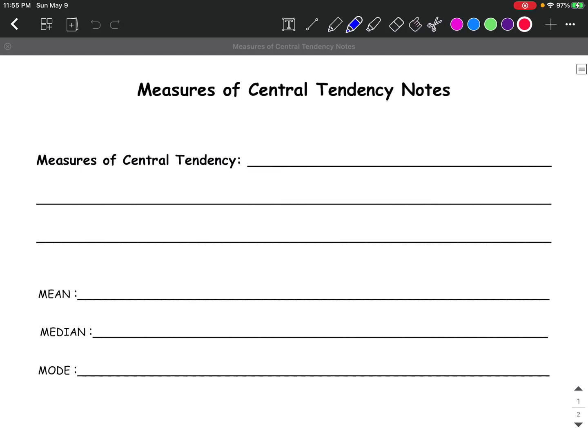Let's start off with what is a measure of central tendency? They are statistics that represent the center point or typical value of a data set.